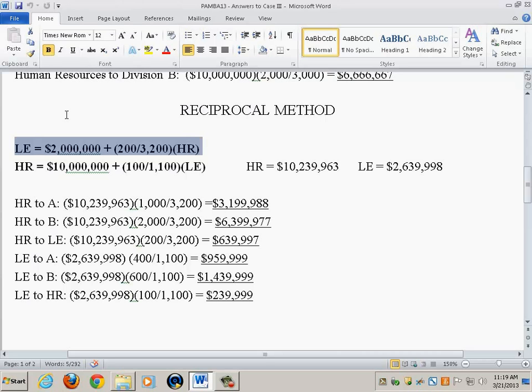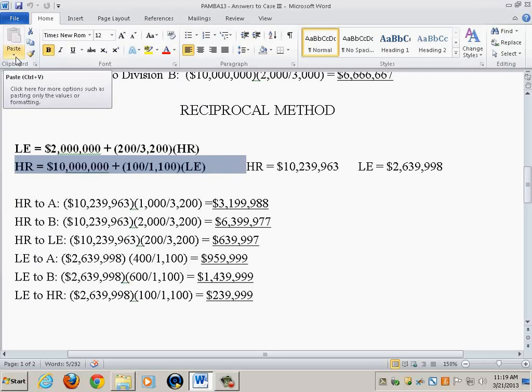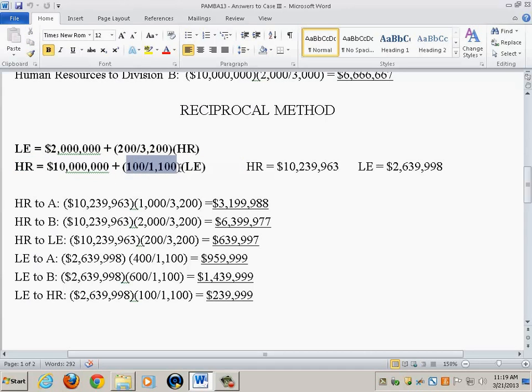Well, the second equation is the very same logic that underlies the second equation. The total dollars that HR has to allocate to all units is the 10 million of its own cost plus whatever LE allocated to it, and LE allocated to it a share of the cost it had to allocate, and the share is 100 over 1,100.